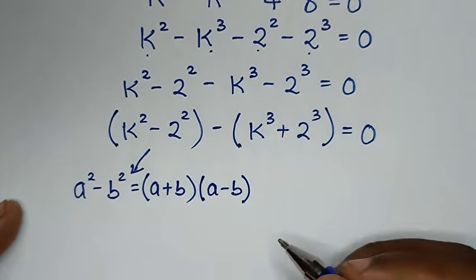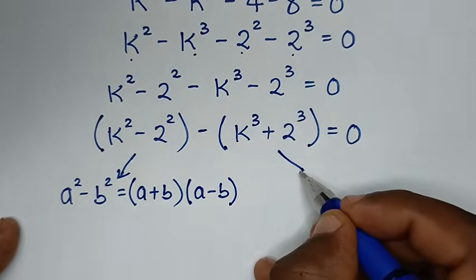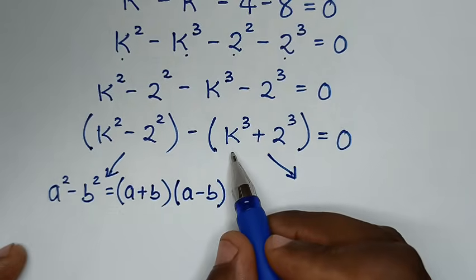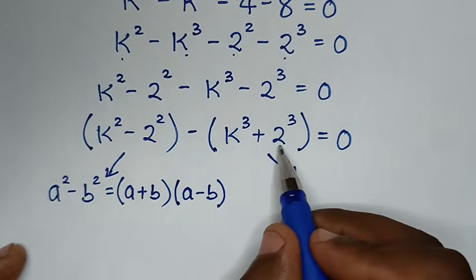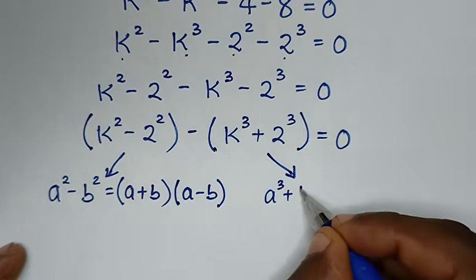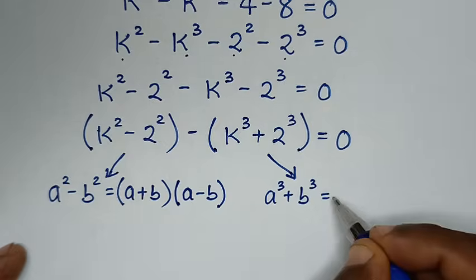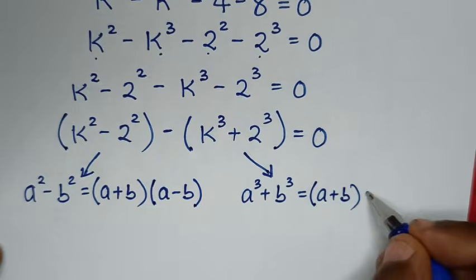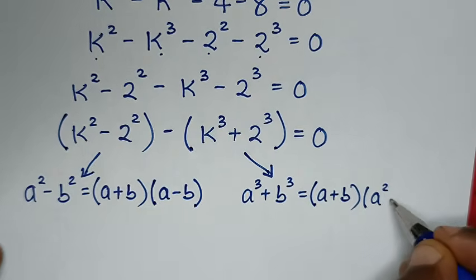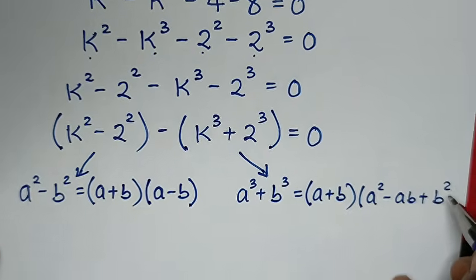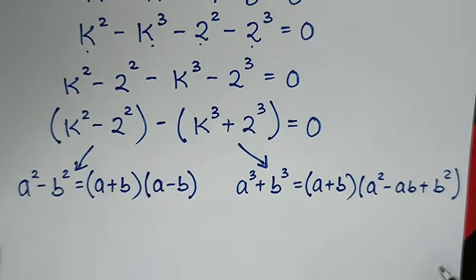And this part here is in the form of perfect cubes, where we will apply the rule in this form, where this is in the form of a³ plus b³ is equal to (a plus b) times (a² minus ab plus b²).